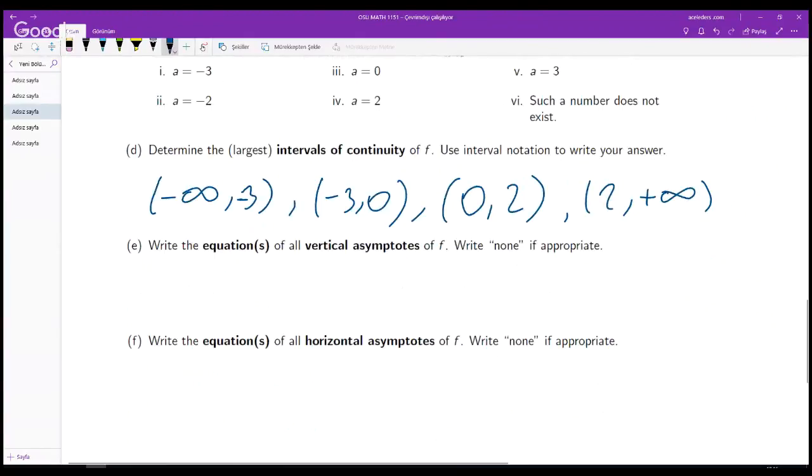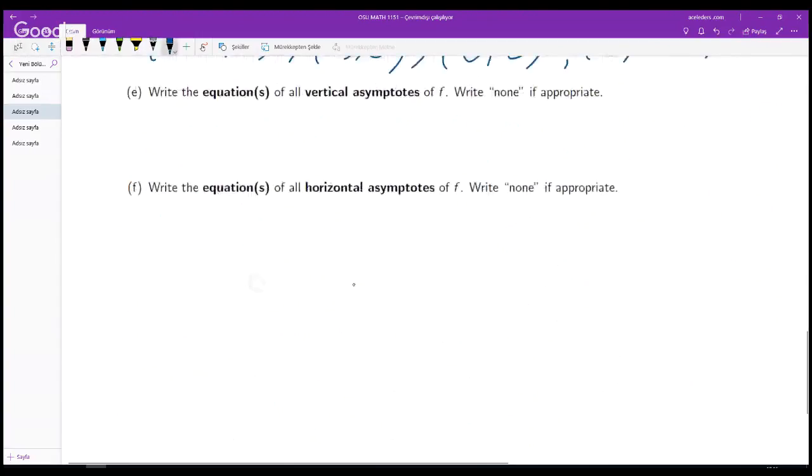So, part E. Write the equations of all vertical asymptotes. Write none if appropriate. What's a vertical asymptote? As you know, a vertical asymptote is like the function approaches that x value, but never takes that x value.